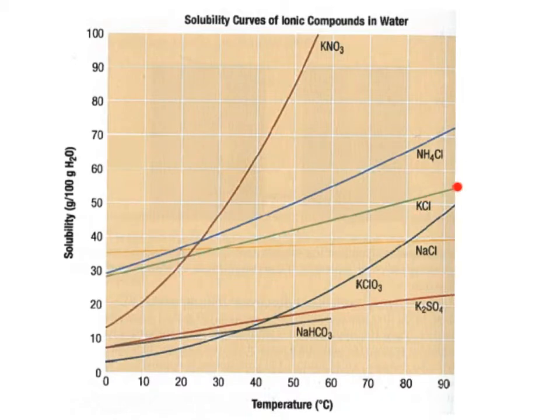Here's the solubility curve for potassium chloride, and we can see that at 80 degrees Celsius right here, we are at about 50 grams of potassium chloride will dissolve in 100 grams of water and produce a completely saturated solution. In other words, that's the maximum amount that the water can hold. It can't hold any more than that at this temperature.